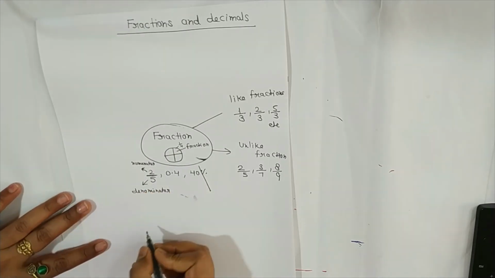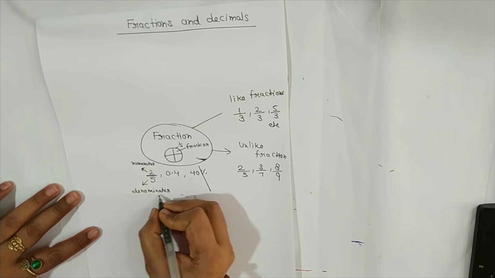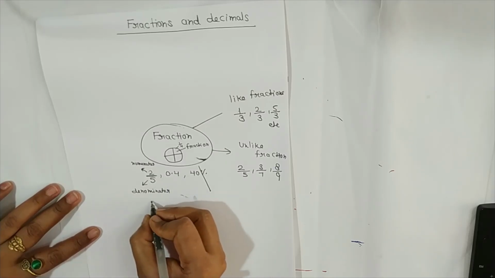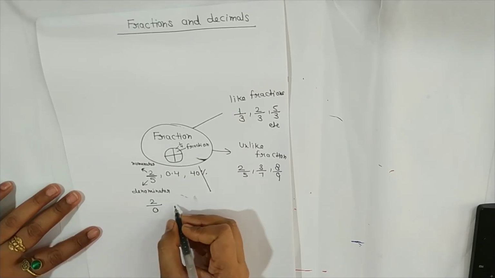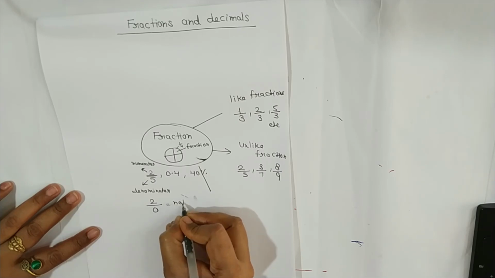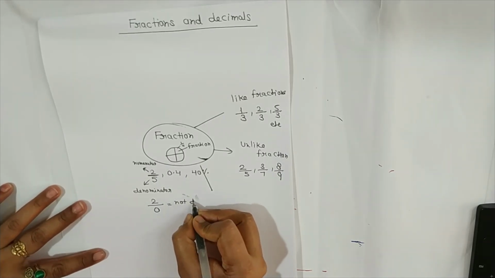Okay, but denominator can never be 0. Why? Because we can't divide by 0. 2 divided by 0 is not defined, so denominator can never be 0.